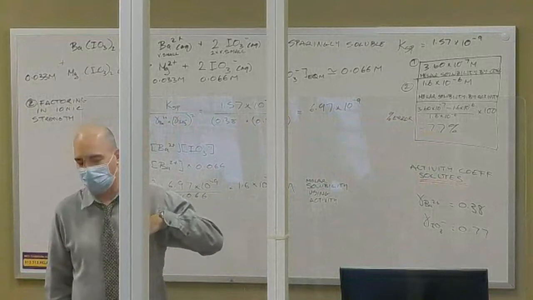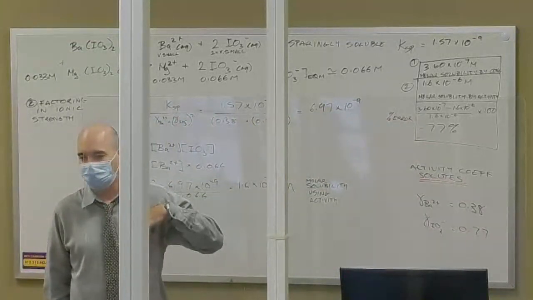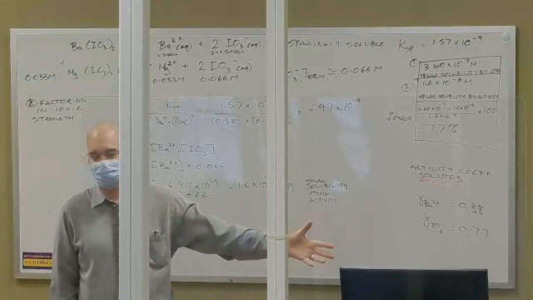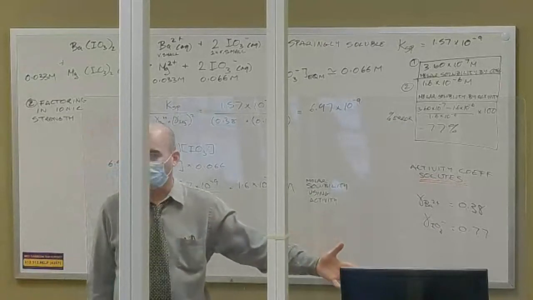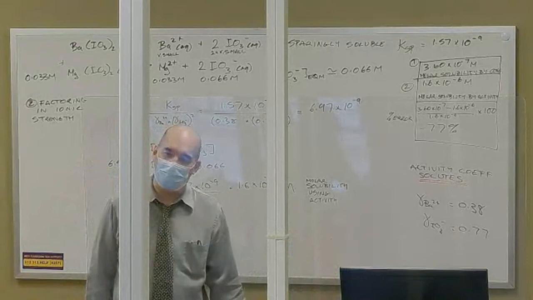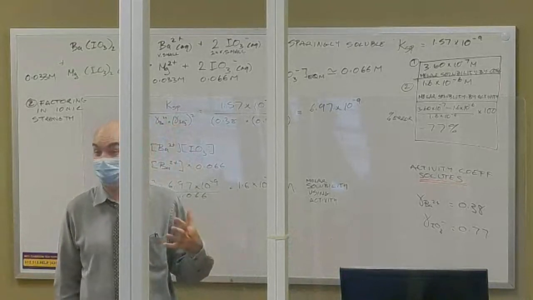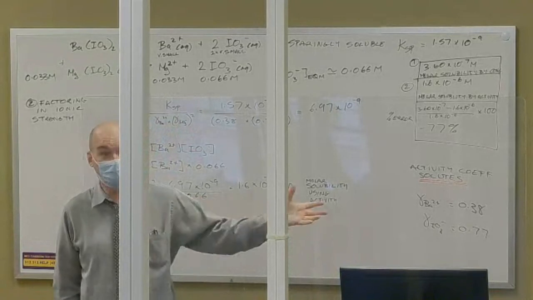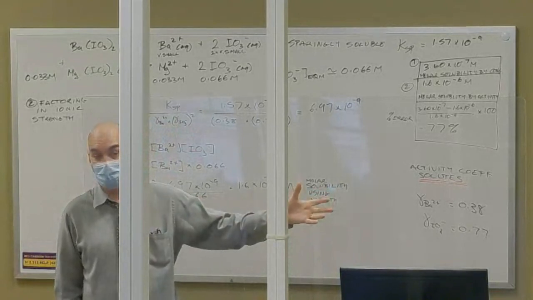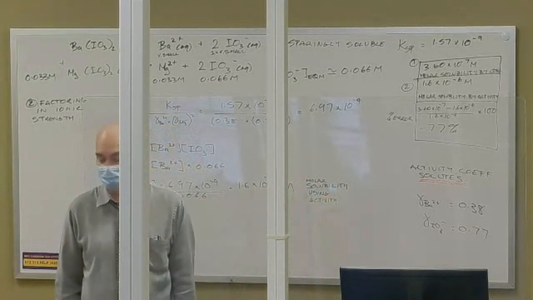You can either control your environment by filtering all those ions out, and then you say, I can't do that because I'm looking at a biological system. Blood serum has all of these dissolved ions in it as well.